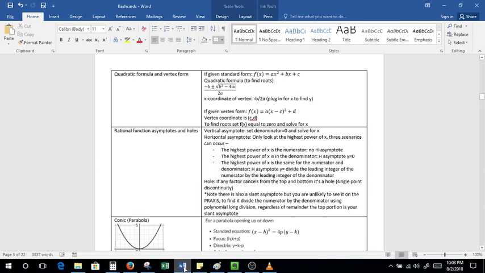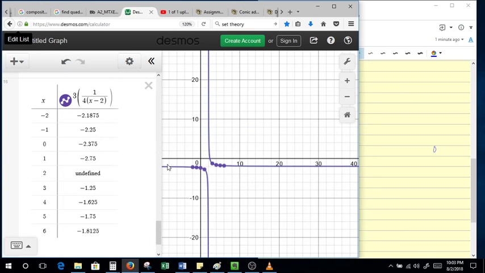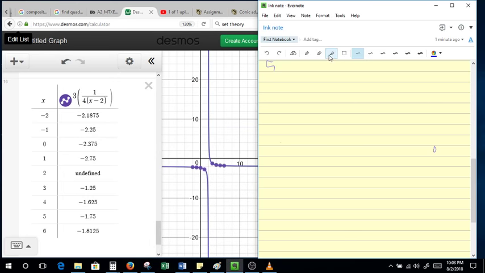And we define vertical asymptote as setting the denominator equal to 0. So if we set the denominator equal to 0 and it came up with an asymptote of 2, well, then that must mean that there's an x minus 2 in the denominator. So we're already doing pretty well.